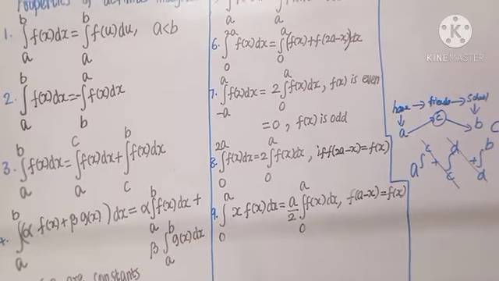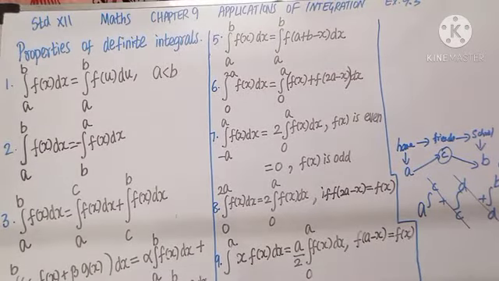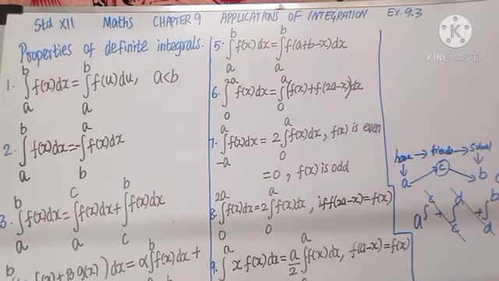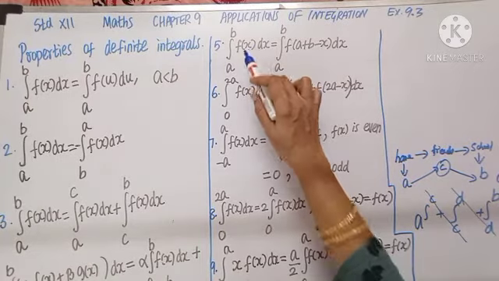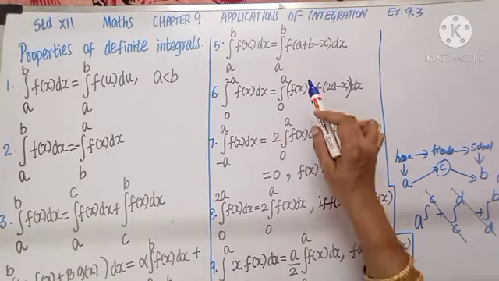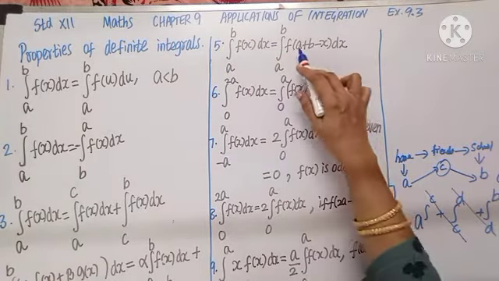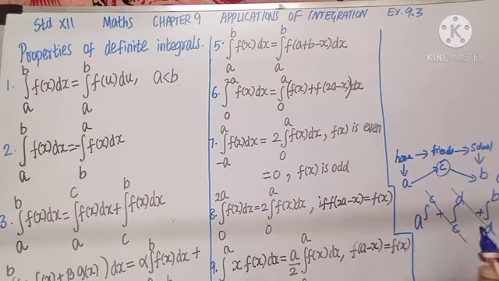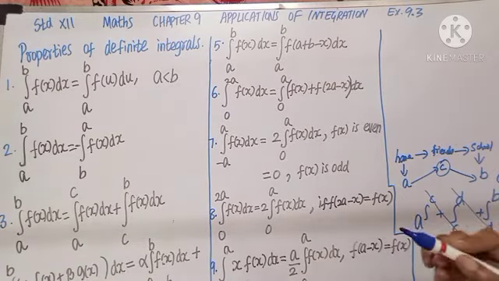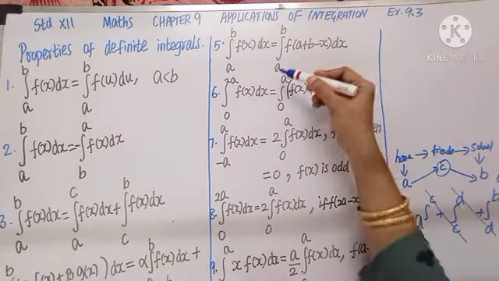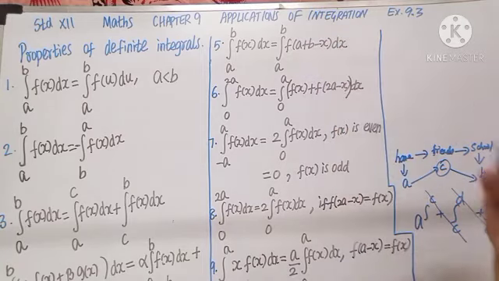The next property, property number 5. In the integral a to b f of x dx, wherever x is coming, I can substitute lower limit plus upper limit minus x, that is, a plus b minus x. This is helpful mostly in trigonometric functions, where if I add the lower and upper limits, it may lead to pi by 2, and I know pi by 2 minus x is coming.